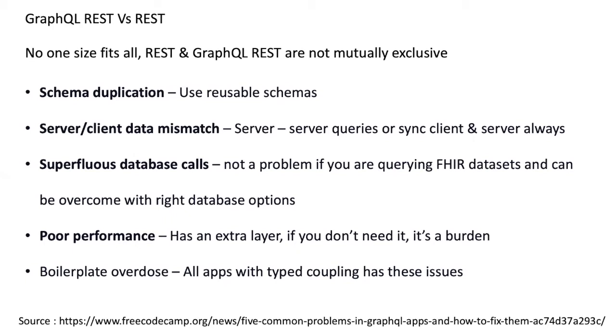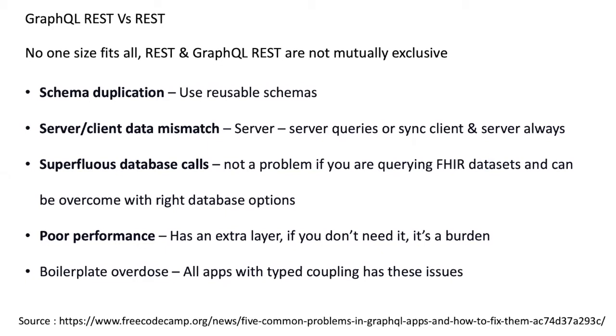Then there is a server-client data mismatch. What that means is because you are tightly coupling with GraphQL, any changes on the server should also be reflected on the client side. This is something I actually face an issue with even today. But an alternative solution is to keep your clients dumb. Just do a simple query to the server and let the server do all the manipulations for you and bring it back to you.